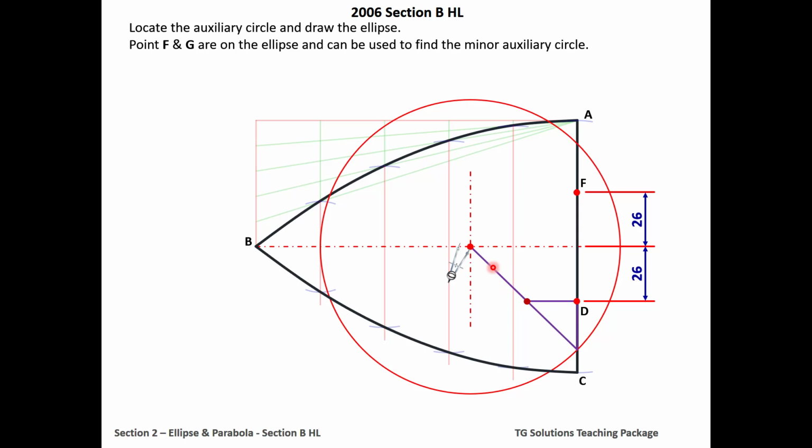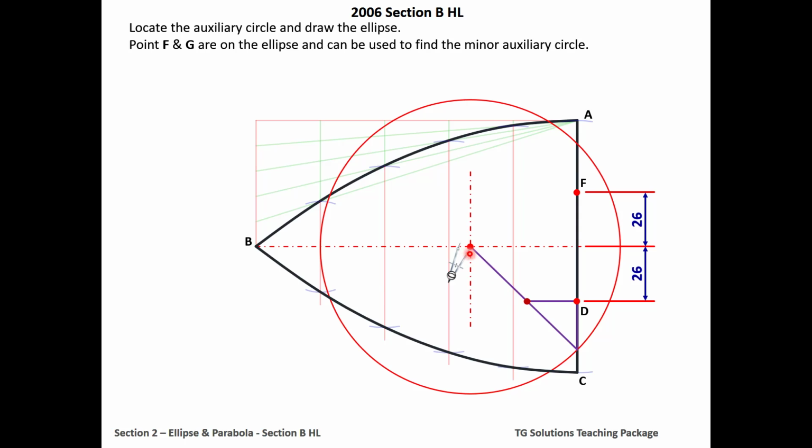So what we've done there basically is we've gone from D, parallel with the minor axis, until it hits this major auxiliary circle. We've connected that to the center point, and then we've come from point D again, and gone parallel to the major along this line till it hits the divided line.